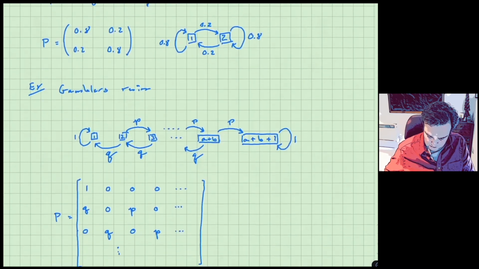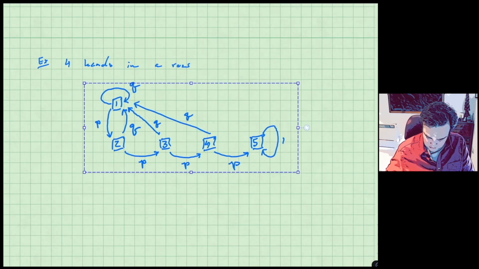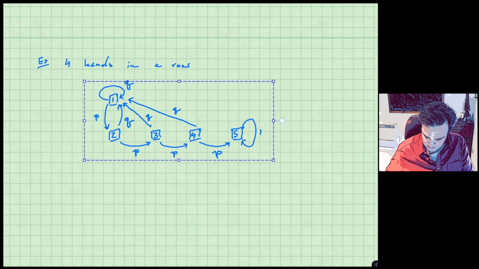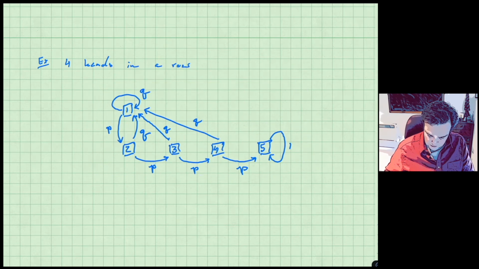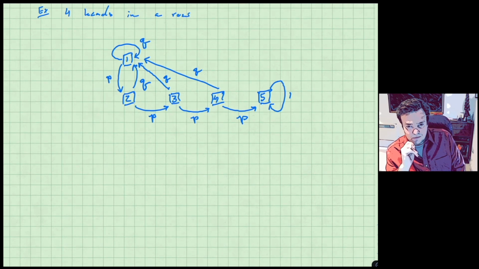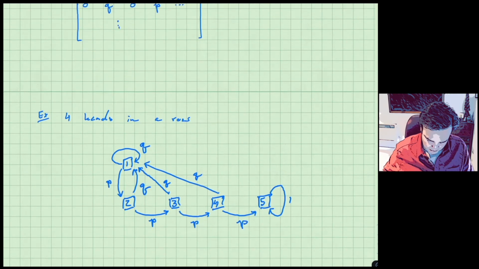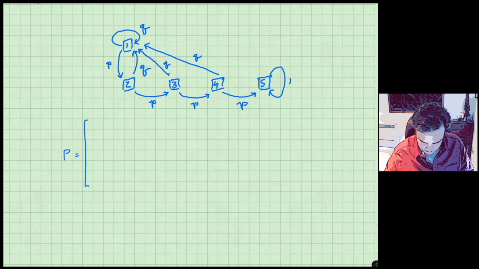You don't always have these directed graphs from which to do the matrix, but you might, and it's a good idea to practice what those look like. So let's think about this guy. First of all, there's only 5 states, so it's going to be a 5 by 5 matrix, right? So this one, we know its limits. So P looks like this.